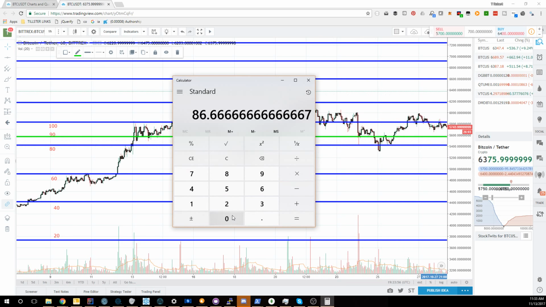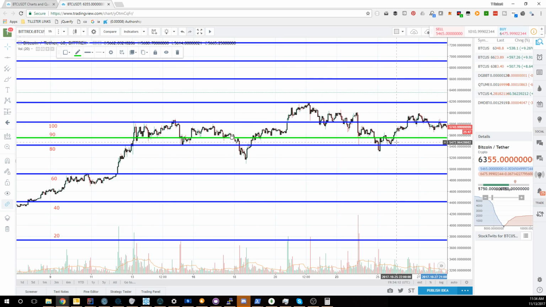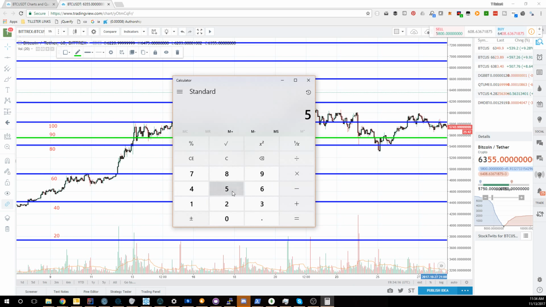Let's do it again. 3 Bitcoins at $80 plus 100 for the original Bitcoin. Now we have a grand total of 4 Bitcoins. Now we're at $85, the profitability line. It comes down a little more. Let's do it again. 5 times $80, $400, plus the original $100 Bitcoin.